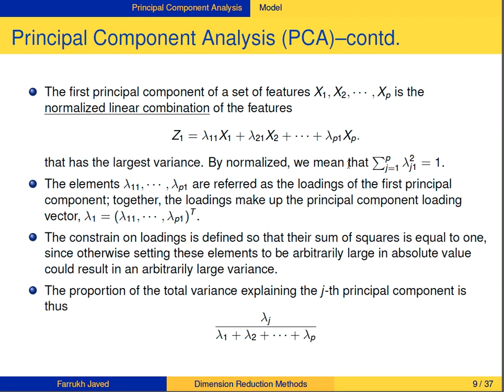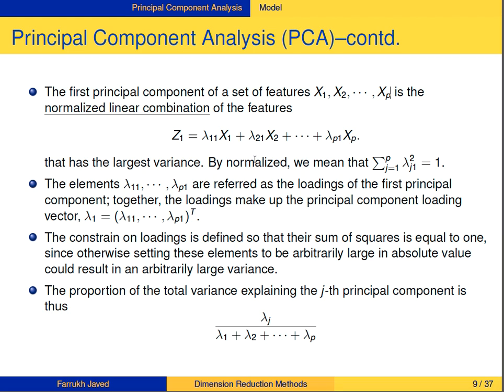The first principal component of a set of features x1 to xp is a normalized linear combination of the features. So now you have written all your x variables in terms of a linear combination, and that linear combination we call the first principal component, z1. This linear combination has the largest variance in the data.